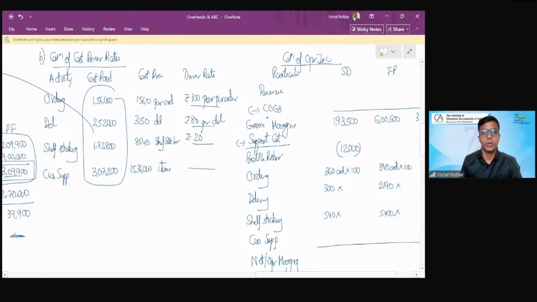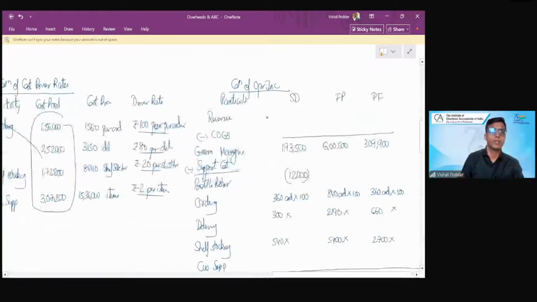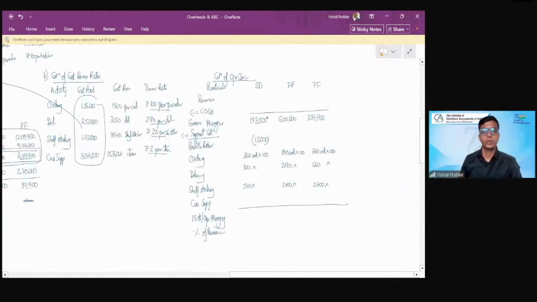This he has given as 20, which is per shelf stocking hours. And this has 2 per item. So I use these driver rates to charge overheads here. Right, it is 80, it is 20, and it is 2.